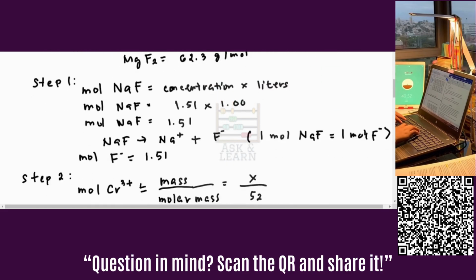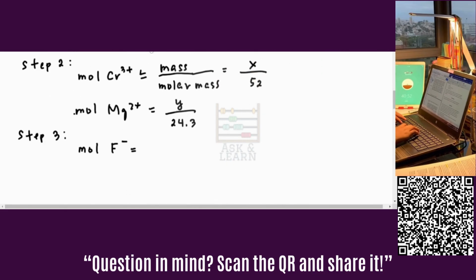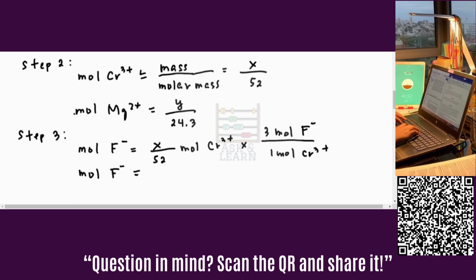Okay, so recall that 1 mole of Cr3 plus needs 3 moles of fluoride ion over 1 mole Cr3 plus. So we get here 3x over 52.